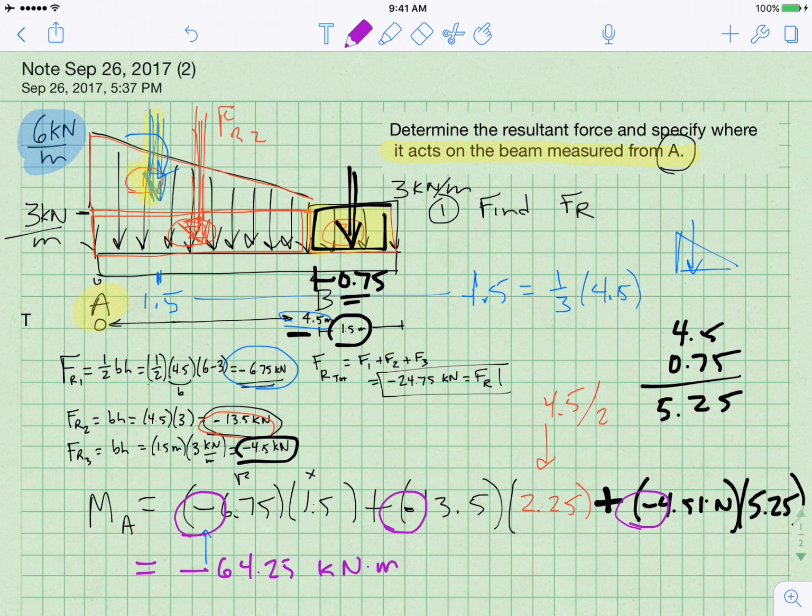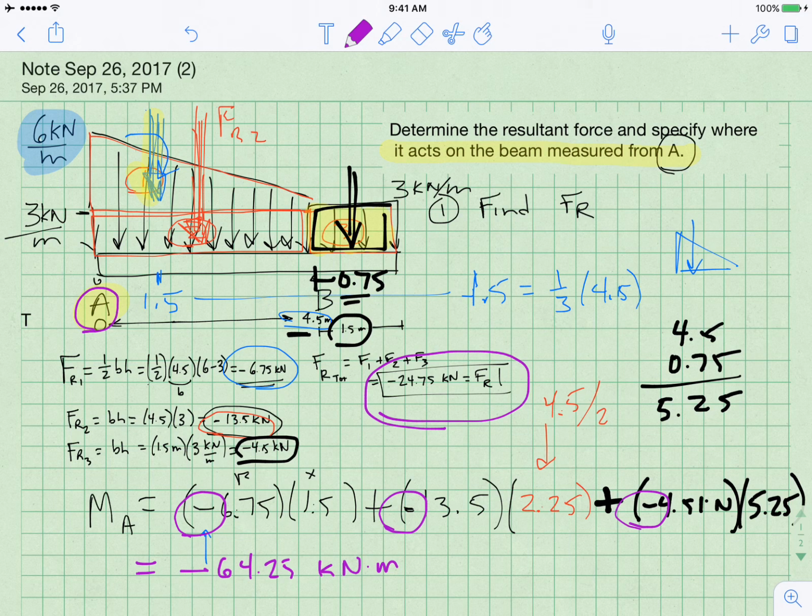So these three forces create that moment about A. What we want to do is find out where to put this single resultant force FR on this beam so that it will create the equivalent moment.